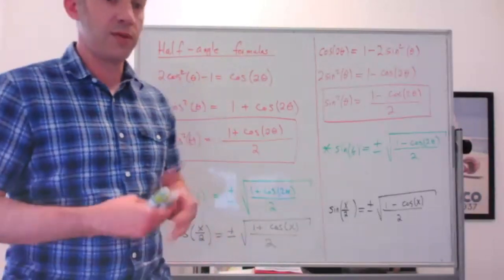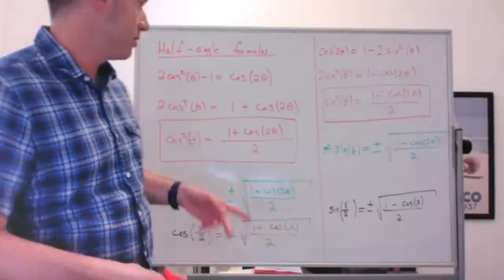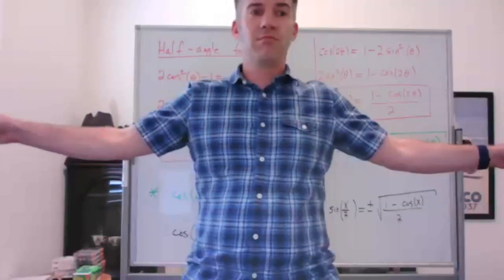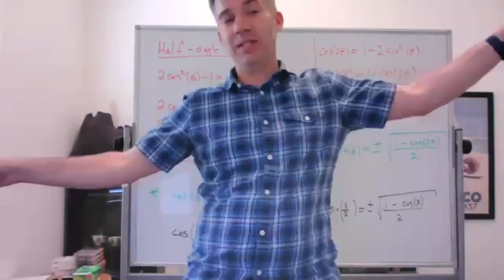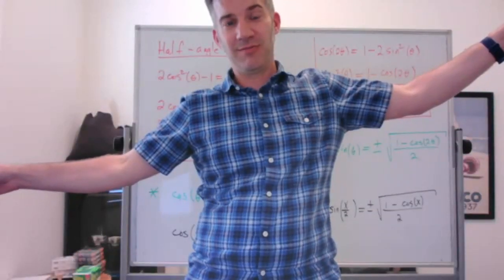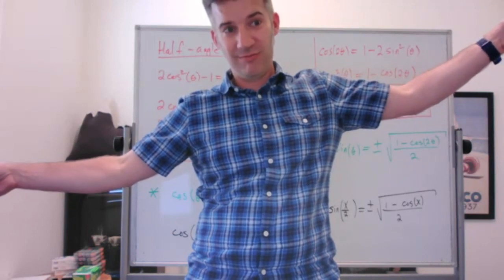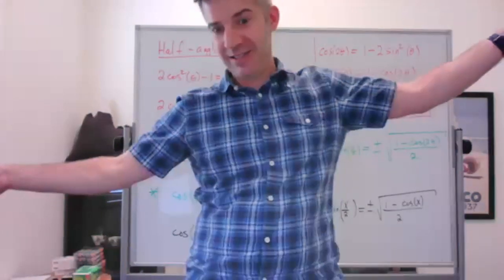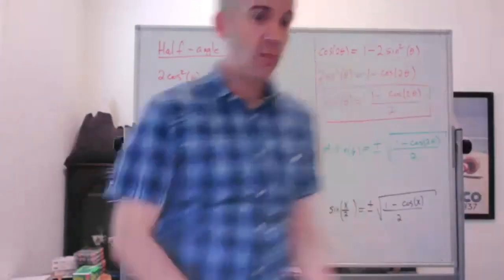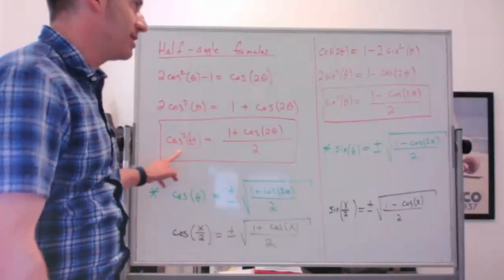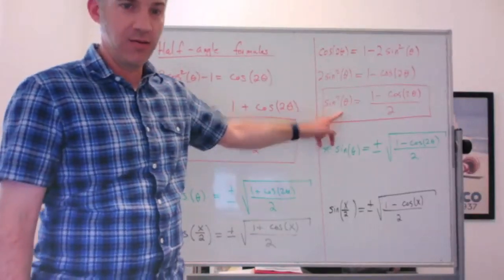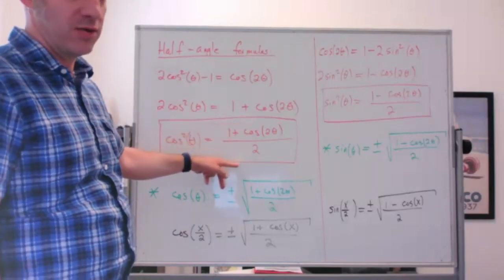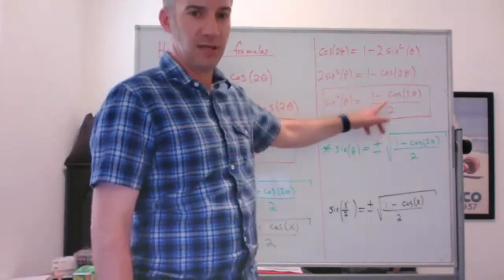Just for the sake of observation, I will point out, without looking at the board, what's cosine squared plus sine squared equal to? I know you all know. Well, look, if you add cosine squared plus sine squared, you get 1 plus cosine 2 theta over 2, plus 1 minus cosine 2 theta over 2.